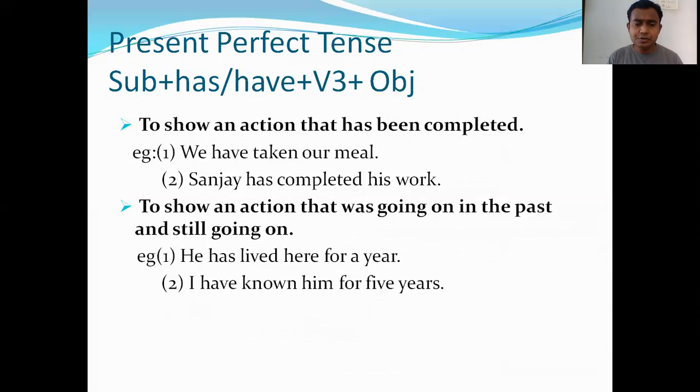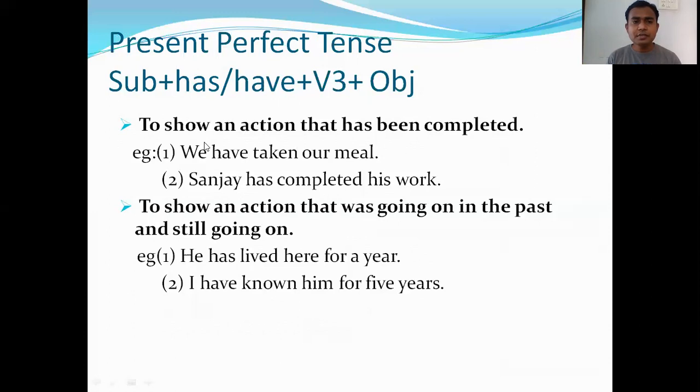Present perfect tense is also used to show an action that was going on in the past and is still going on. Means the action was happening in the past and it is also happening in the present. Like for example, he has lived here for a year. I have known him for 5 years. So the action was there in the past and the action is there in the present.